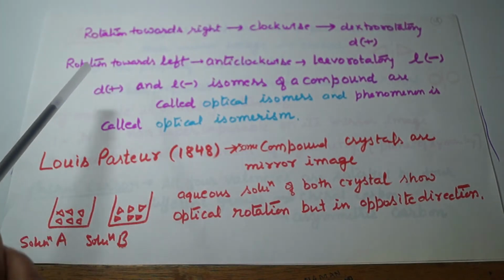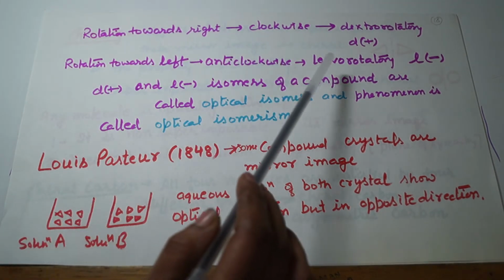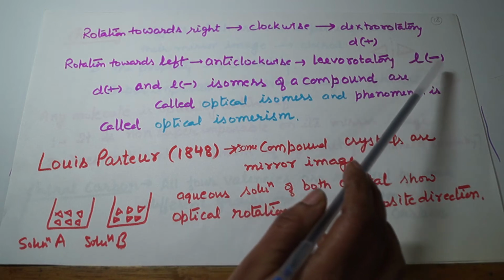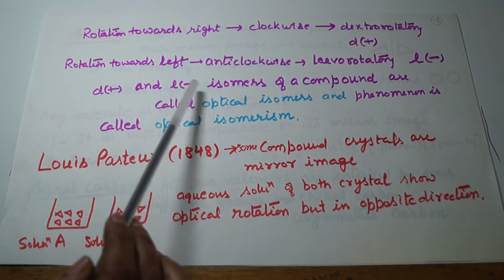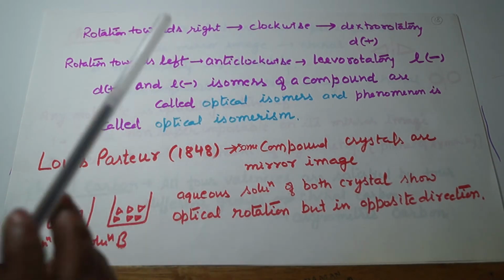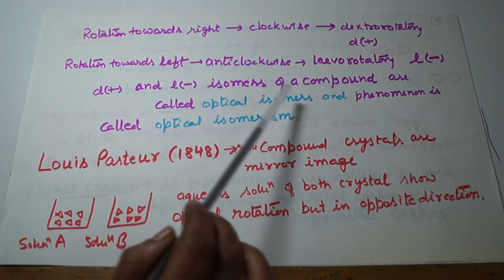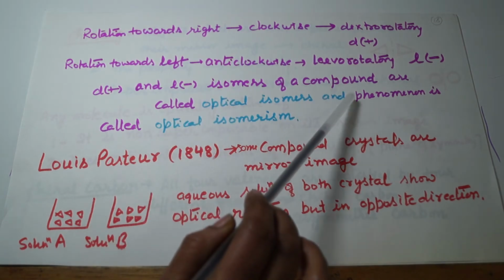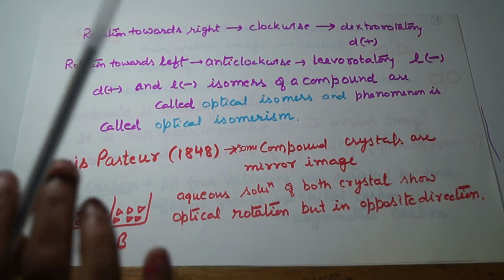And if it rotates the plane towards the left, or anti-clockwise, it is known as levorotatory, denoted by L or a minus sign. These are the two isomers of a compound, called optical isomers, and this phenomenon is called optical isomerism.